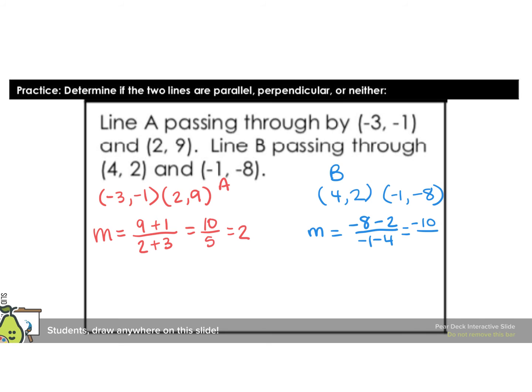And -1 minus 4 is -5. -10 divided by -5 is 2. So we compare our slopes, and the slopes are both the same. And so since they have the same slope, they are parallel.